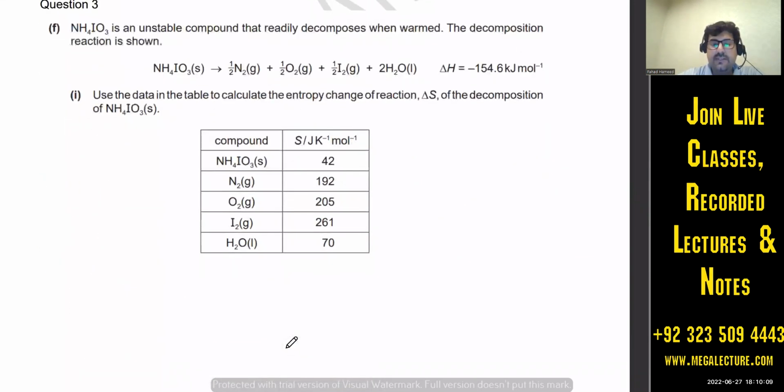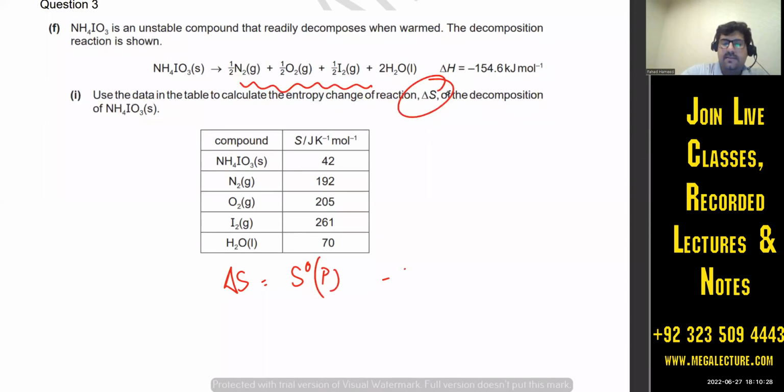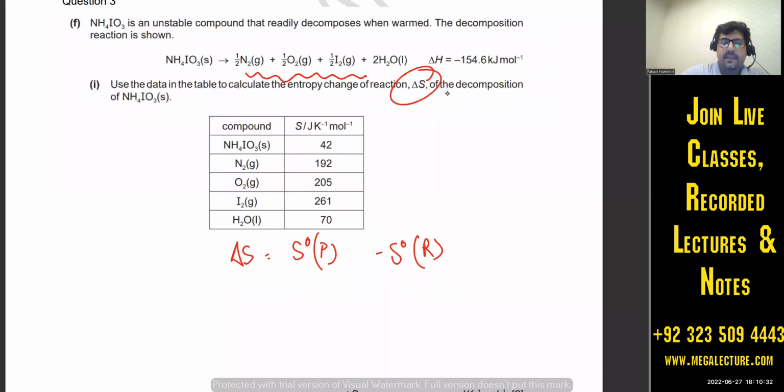A few more questions. I think he's asking you to calculate delta S over here. So you're going to calculate this the same way, which is products minus reactants. So these are my products, lots of them. The products are going to be 192 into half.